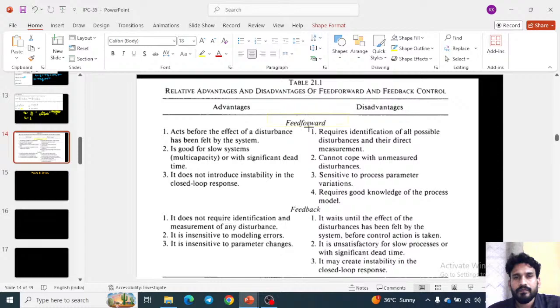So please put the heading: the advantages and disadvantages of feed forward and the feed backward.